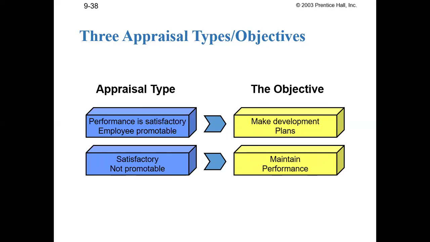Sometimes you have not gotten to the stage, maybe you need 4 years in the current position before you can go to the next. So your appraisal at this time is satisfactory, but you are not promotable yet because you have other requirements to meet. That way you can maintain your performance because it is good enough.